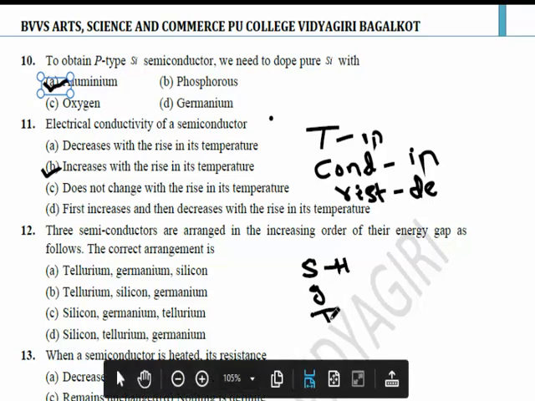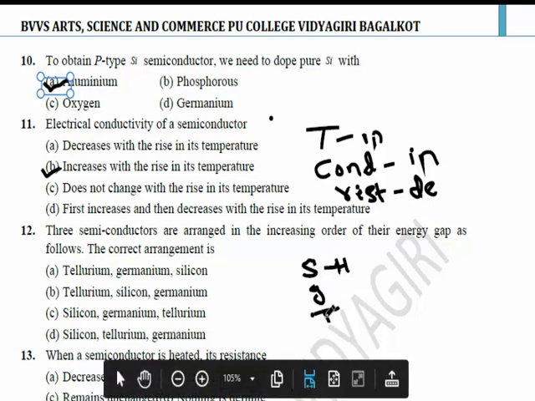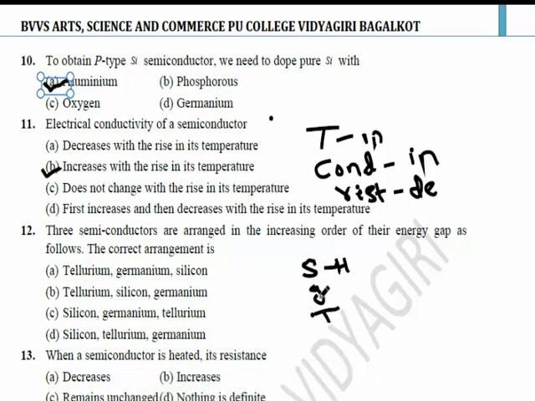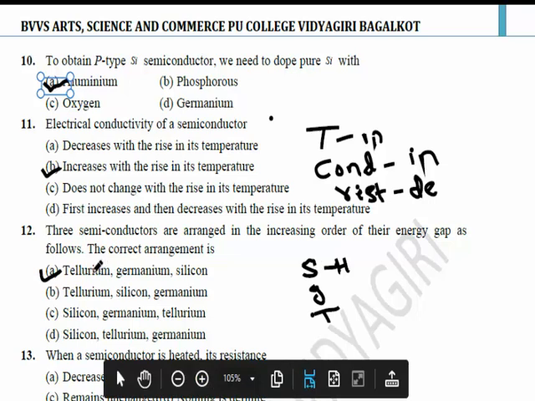Increasing order means we start from tellurium with the lowest energy gap, then germanium with more, and highest is silicon. So the increasing order is A: tellurium, germanium, and silicon.